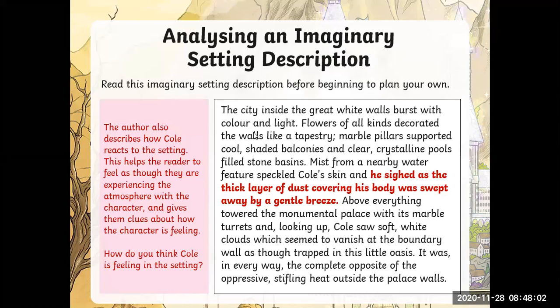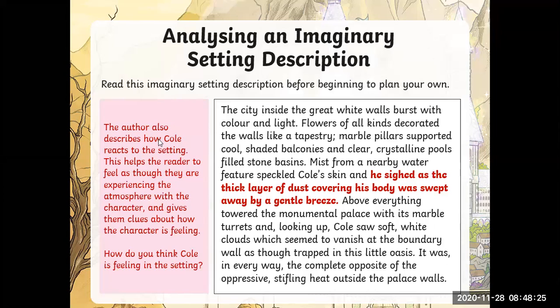Another thing is describing how the character feels. Here, he sighed. A thick layer of dust covering his body was swept away by a gentle breeze. I didn't say that he feels comfortable. I didn't say that he feels pleased. I just gave you what he did. He sighed.